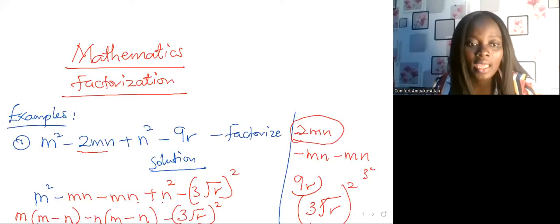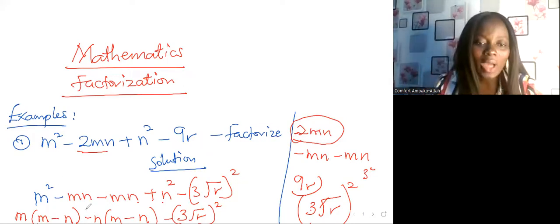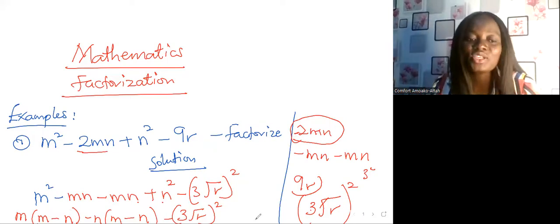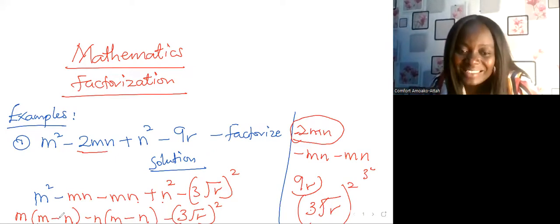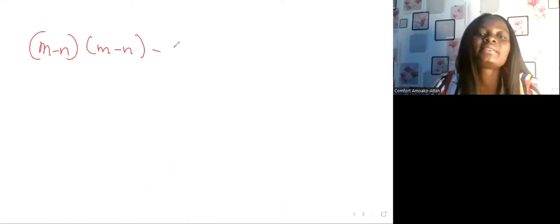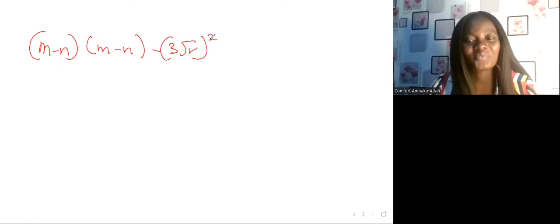I'll pick the outside m minus n and put it in one bracket, then one of those inside the bracket too. All right, so m minus n bracket, m minus n in another bracket, then minus 3 root r all squared.